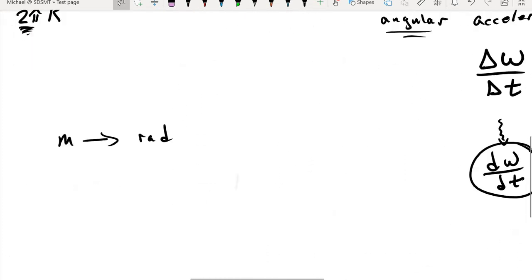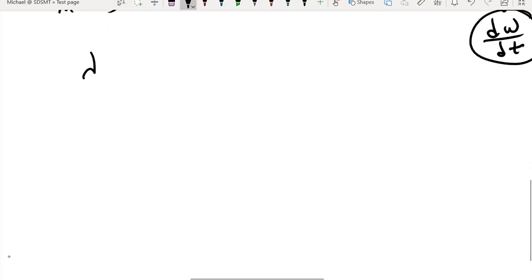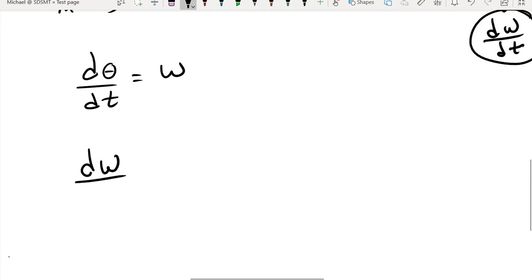What we know so far is that if we take the change in angular position with respect to time, we get angular velocity. If we take the change in angular velocity with respect to time, we get angular acceleration. But where did omega come from? It came from the change in position with respect to time.